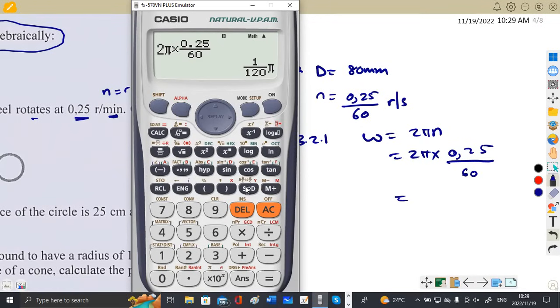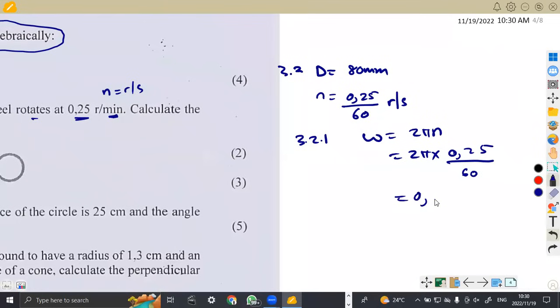So we're going to have 1 over 20 pi or 0.026. Yeah, that's 0.026. This is the angular velocity, which is measured in rad per second. So this one is rad per second, not revs, but rad per second. Okay, so that was it.